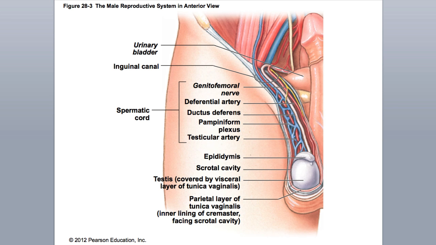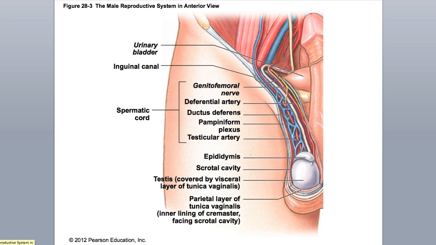Okay, now on this slide, you can actually see the picture version of what goes inside the spermatic cord. So if a surgeon is working within the spermatic cord, the surgeon has to be very careful not to mess with the genitofemoral artery or the genitofemoral nerve. Okay, make sure that they don't mess with any of that. Next slide.